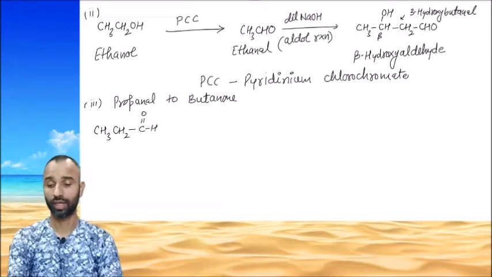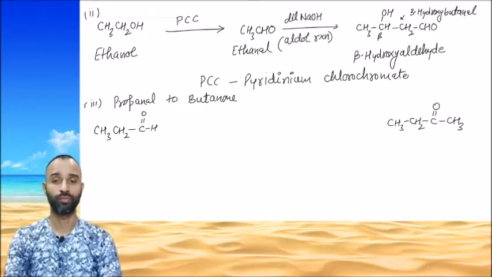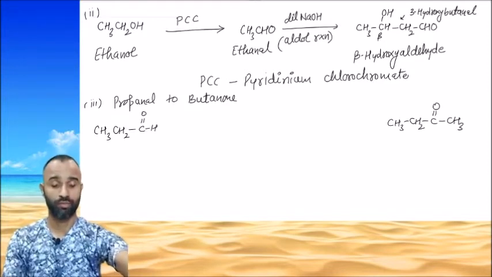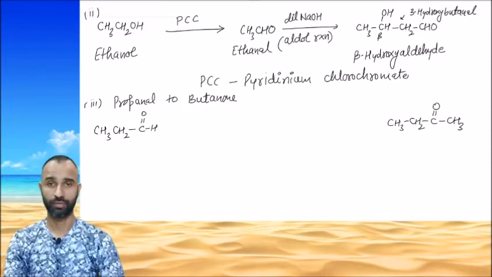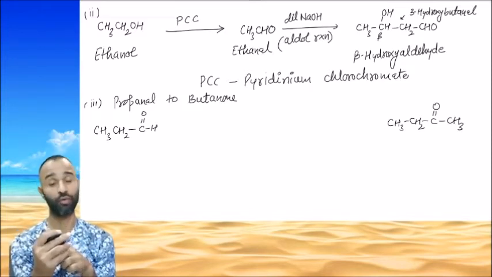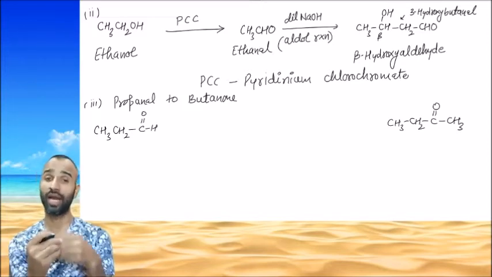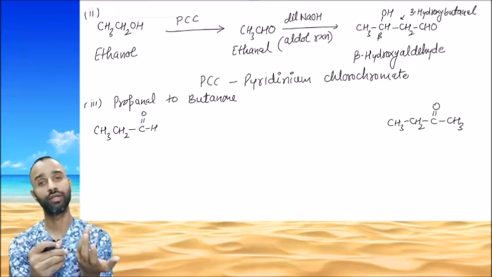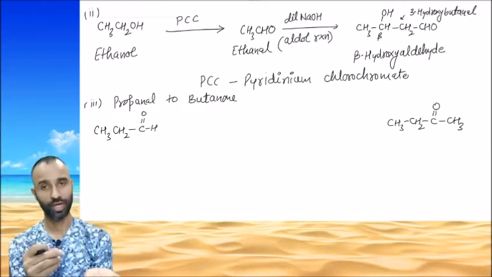Propanol, and to convert it into butanone, we have to increase one carbon. Now to increase one carbon, either we use KCN, and for KCN we need halide, and to get halide we need, yes, alcohol.